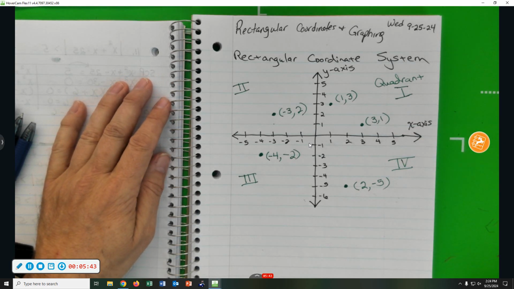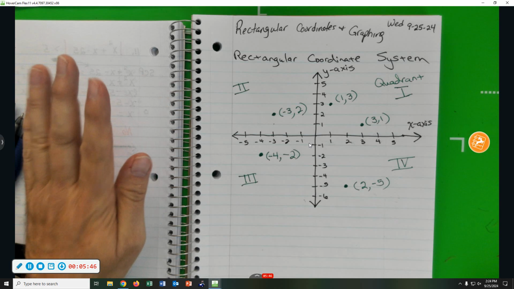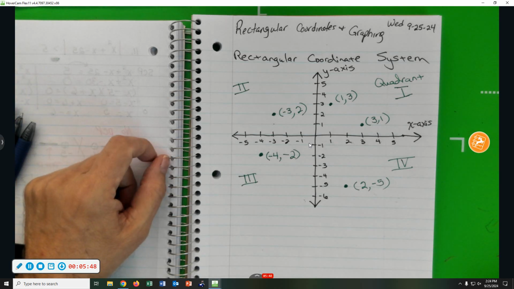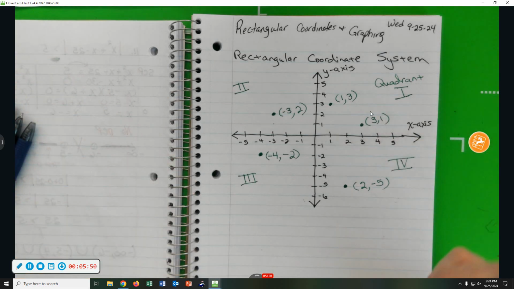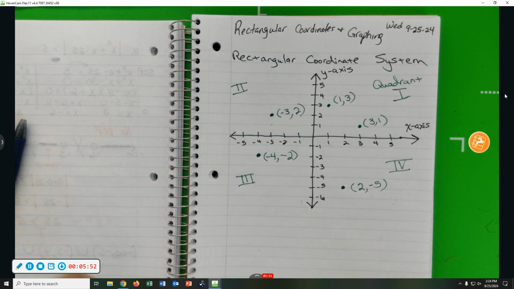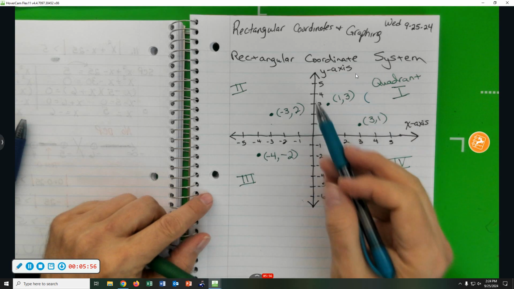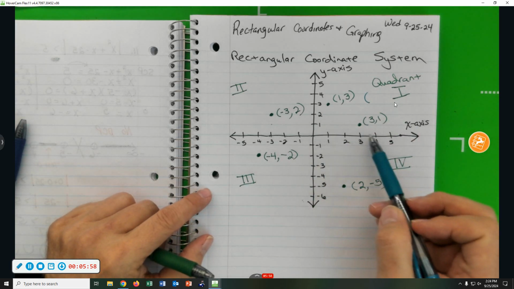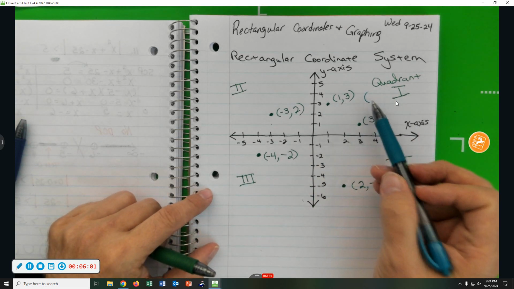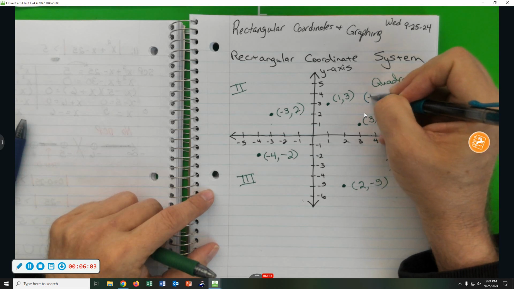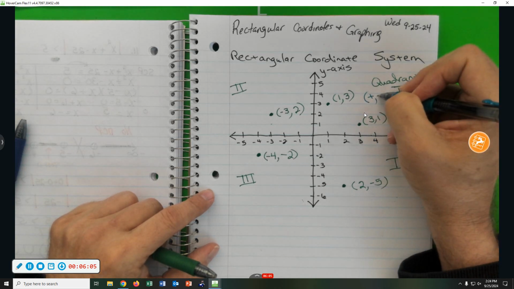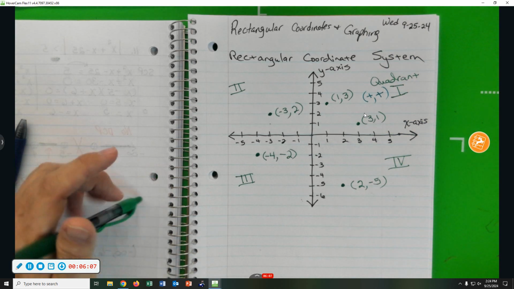We can make some generalizations about signs when we look at the points in these quadrants. For quadrant 1, I think we can convince ourselves that to get into quadrant 1, you have to move right and then up. That means your x-coordinate will always be positive and your y-coordinate will also be positive.